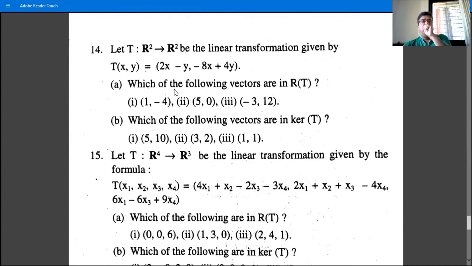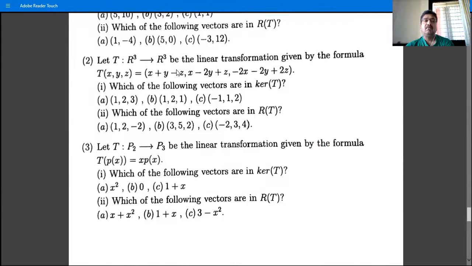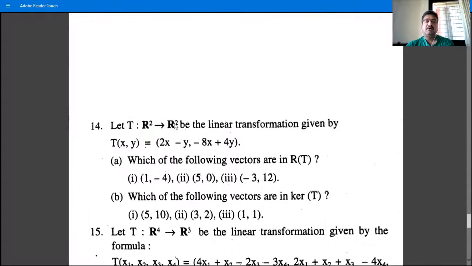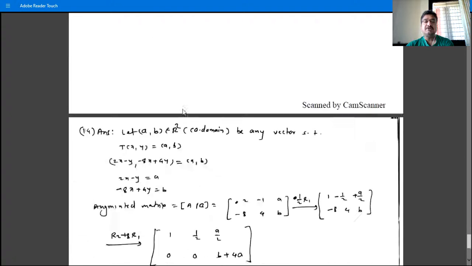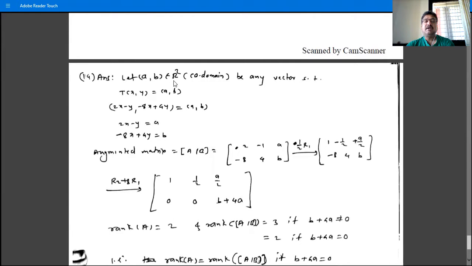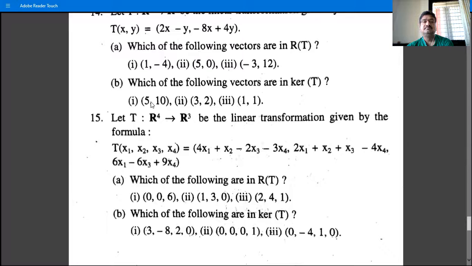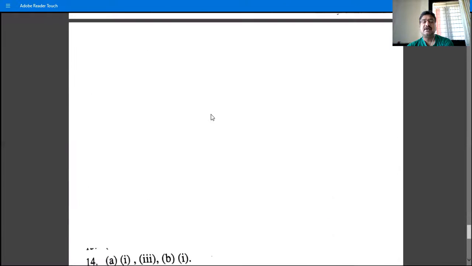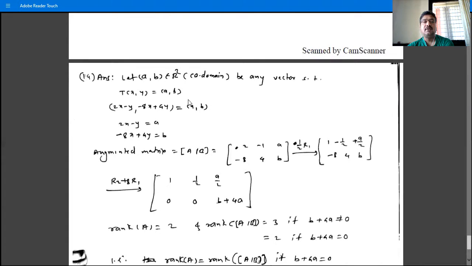Or, if we take any element (a, b) from R2, the codomain, suppose it has a pre-image, so that T(x, y) equals (a, b), that is, (x, y) is the pre-image of (a, b). Then T(x, y) is given as (2x minus y, minus 8x plus 4y), which is equal to (a, b).